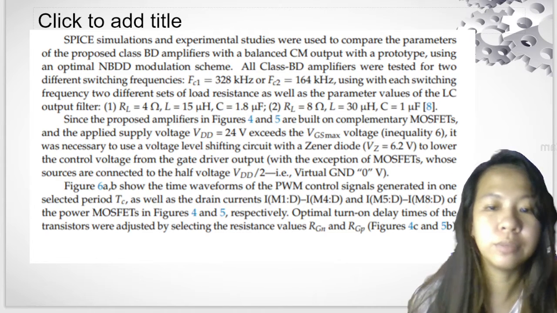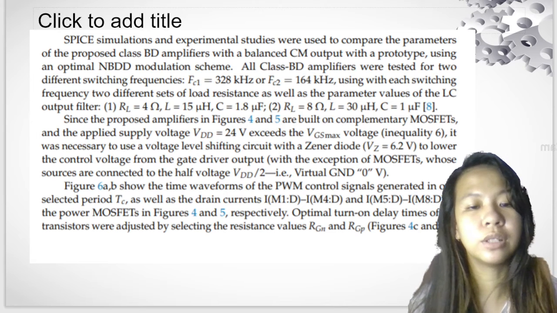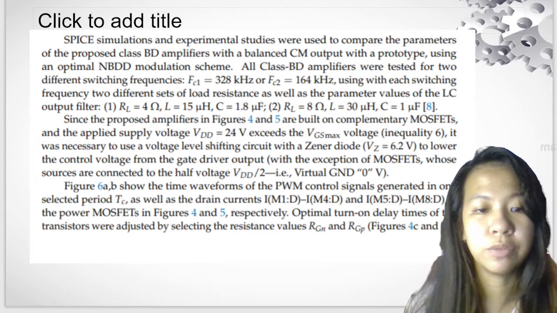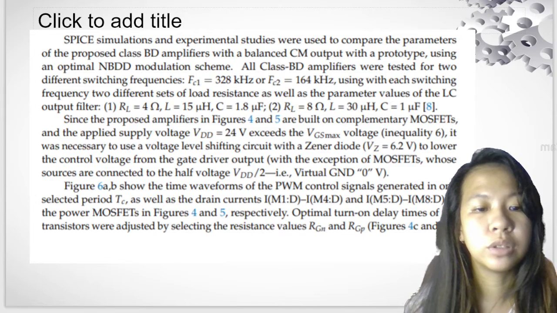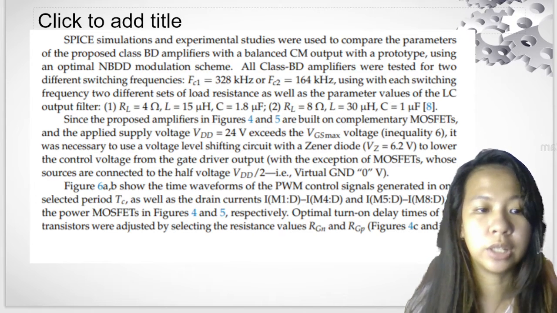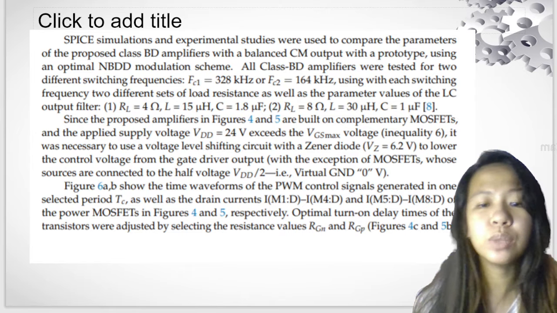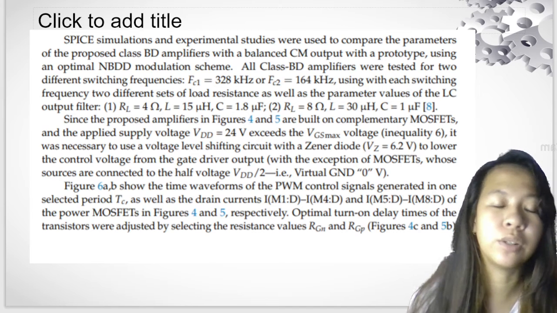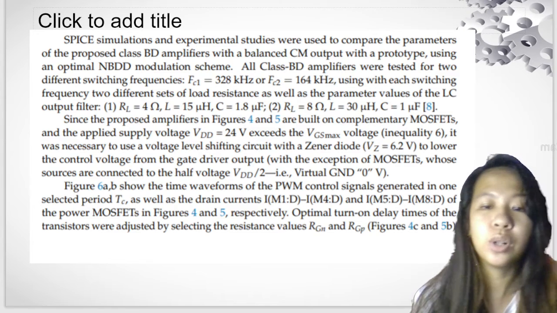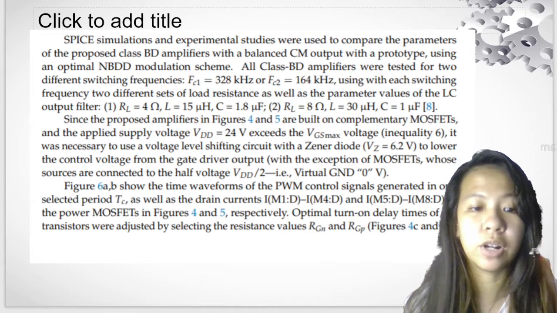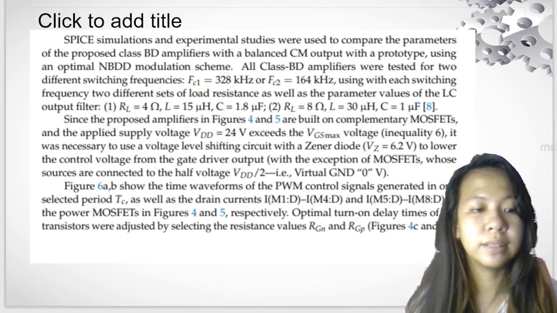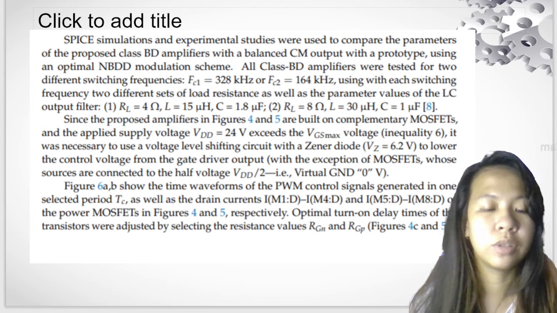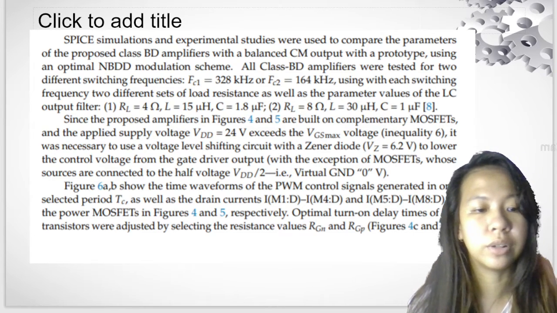Since the proposed amplifiers in figures 4 and 5 are built with complementary MOSFETs, and the applied supply voltage V_DD of 24 volts exceeded the V_GS max voltage in equation number 6, it was necessary to use voltage level shifting circuits with a Zener diode, V_Z equal to 6.2 volts, to lower the control voltage from the gate driver output, with the exception of the MOSFETs whose sources are connected with the half voltage V_DD divided by 2, i.e. virtual ground, 0 volts.